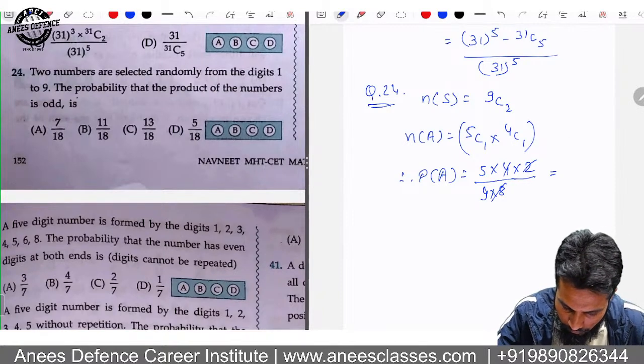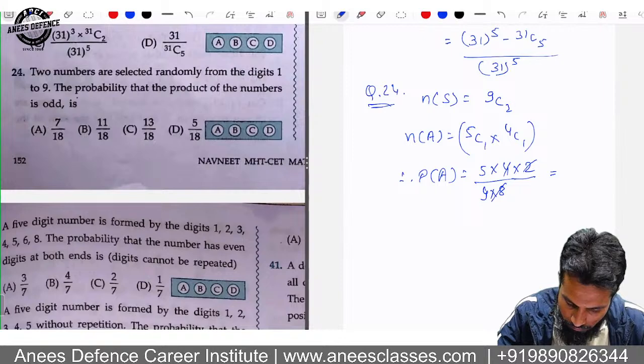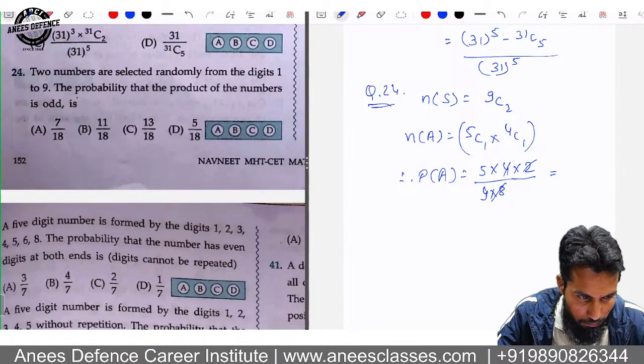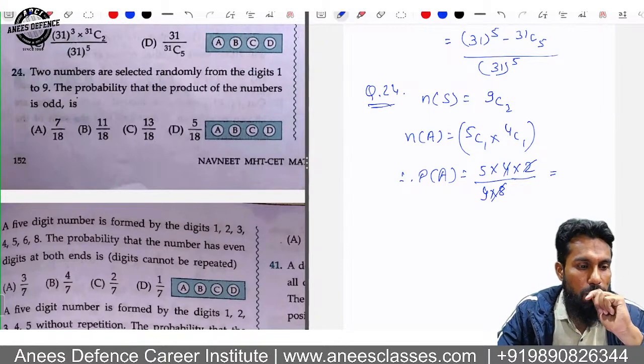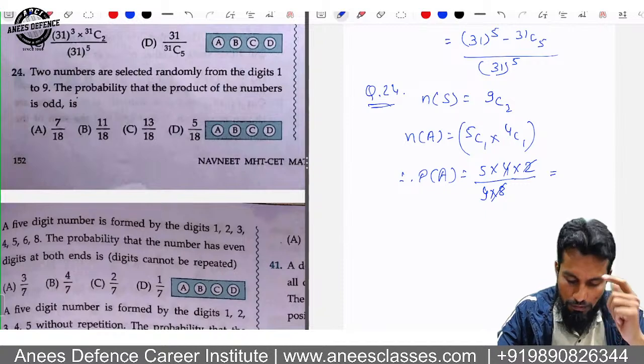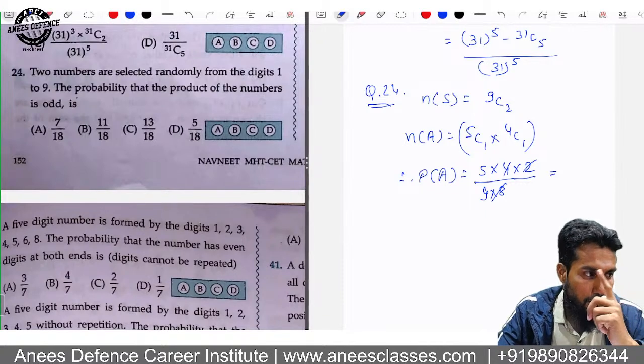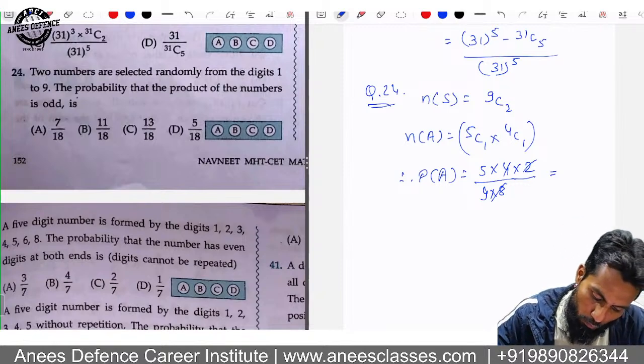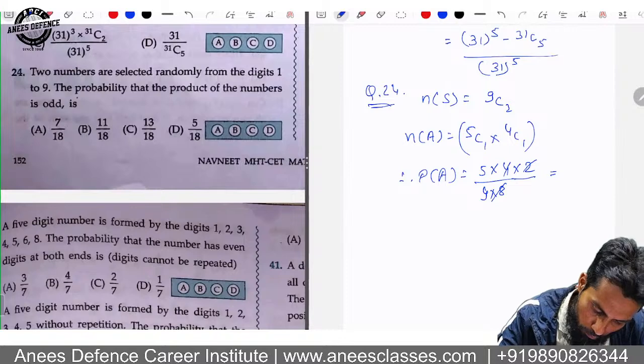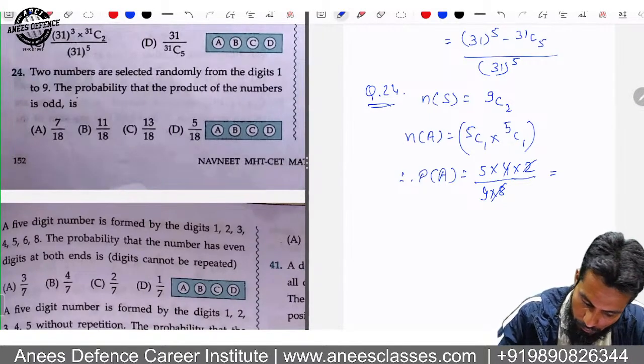No. 3 into 4, 12. 5 into 6, 30, right? So you need odd, no? So 3 into 3, 9. 5 into 3, 15. Both should be odd. So both should be odd. 5C1 into 5C1, right? 25 should be there in the numerator.